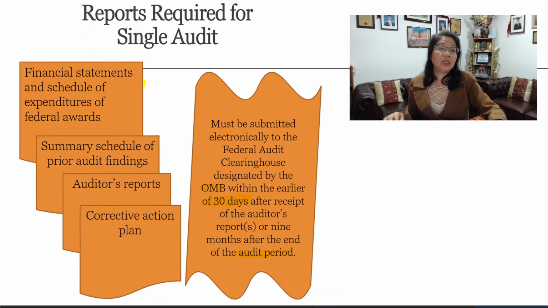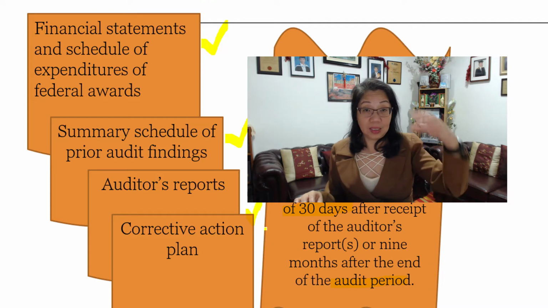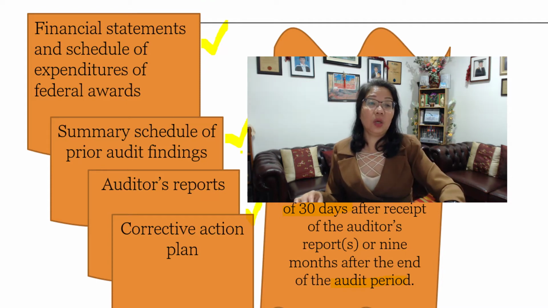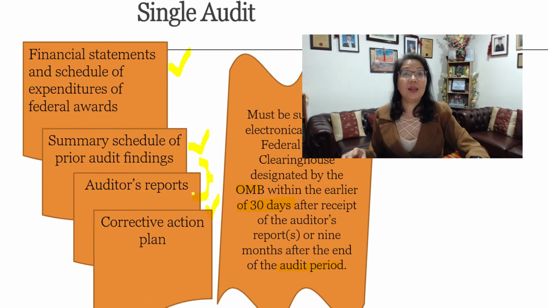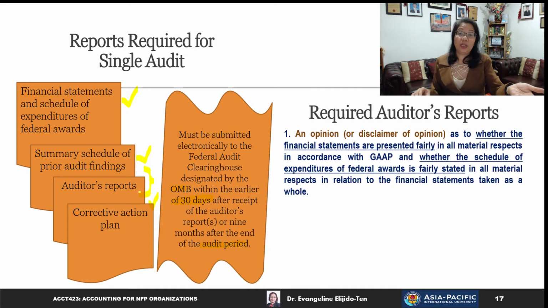So notice that these documents, the financial statements and schedule of expenditures of federal awards, the summary schedule of prior audit findings, and the corrective action plans, all these are the responsibility of the auditee. It's only, of course, the auditor's report that is to be provided by the auditor. All right, so the required auditor's reports, what will be included there?